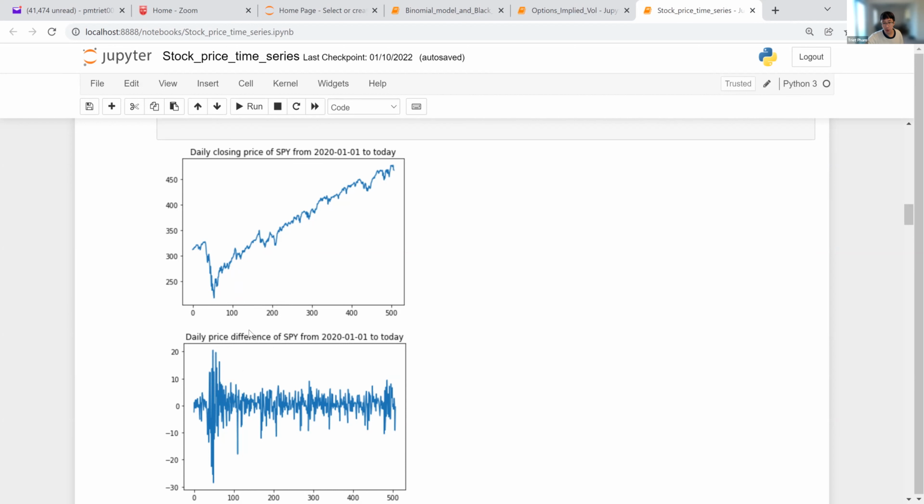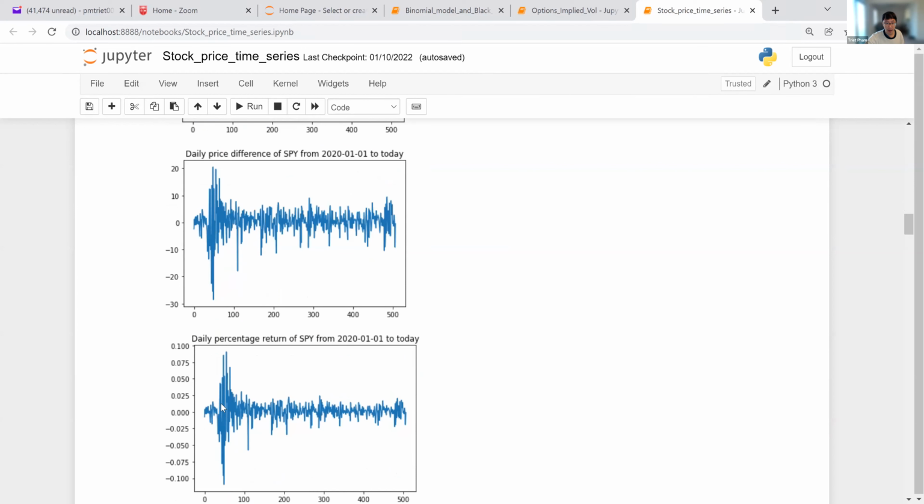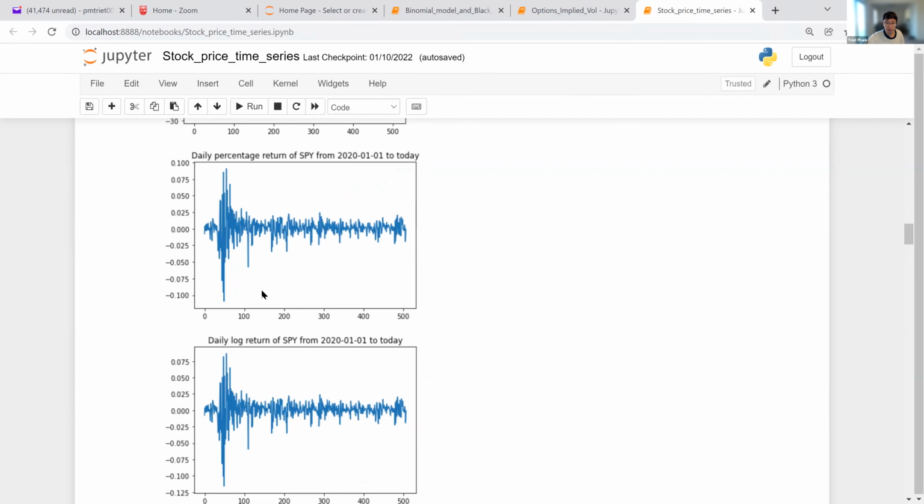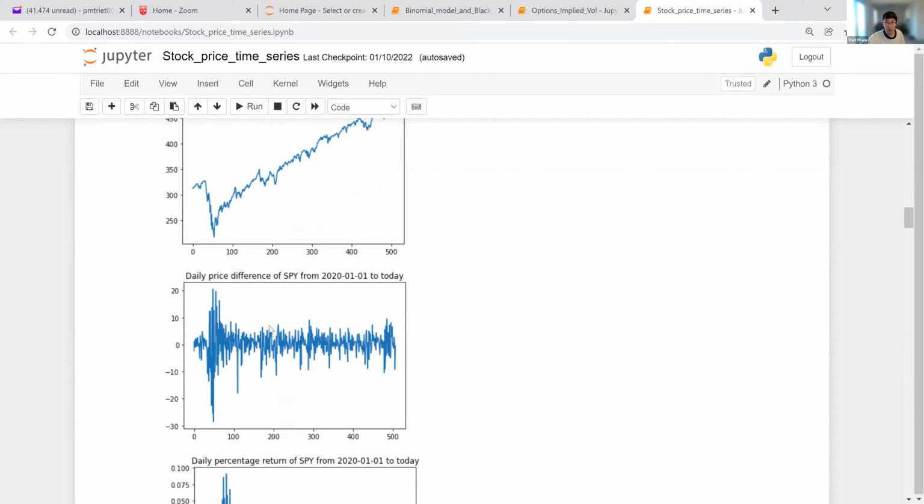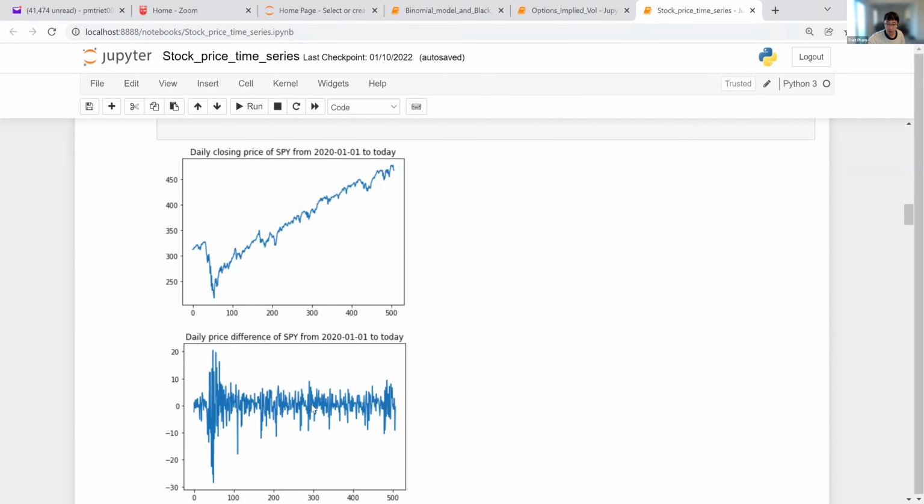The return will be the difference divided by the magnitude. Even after you take the difference, without normalizing with the stock price, it already looks more like white noise. It looks more stable. So this is why this is the object to model, rather than the price, from a time series point of view, because this is more stable.